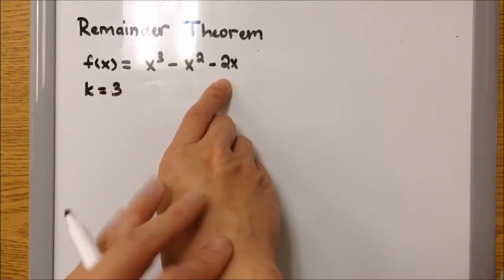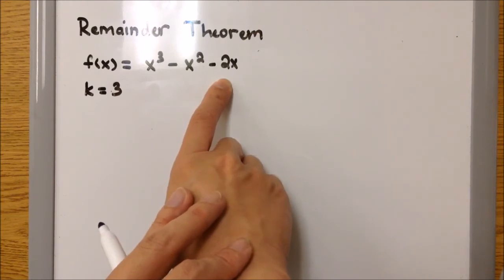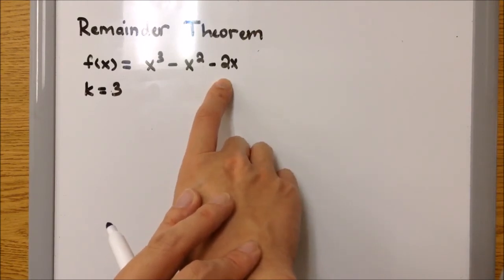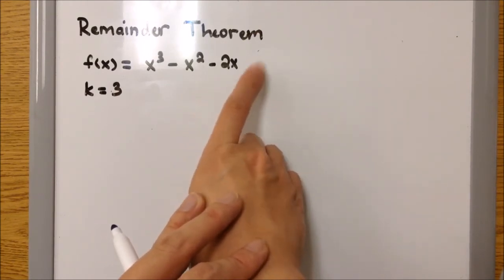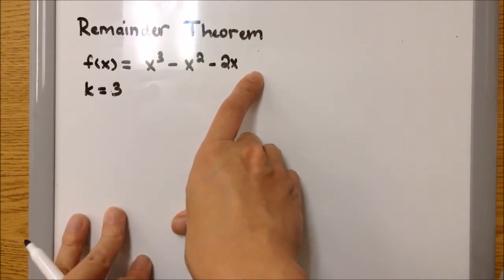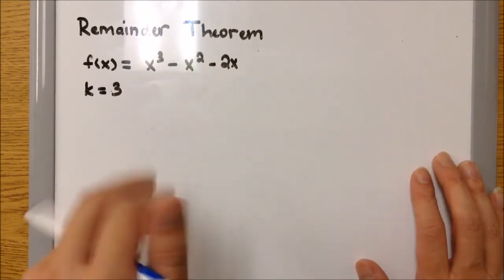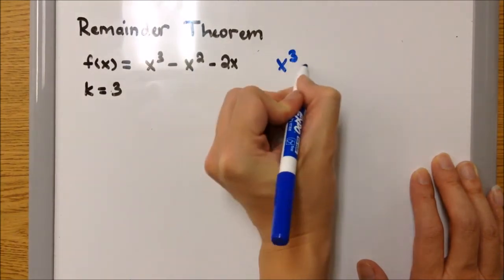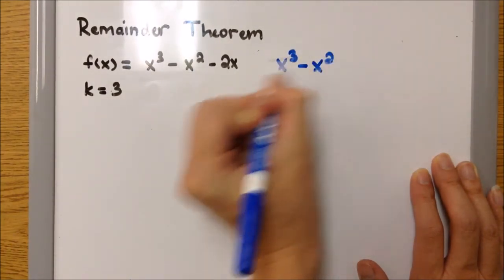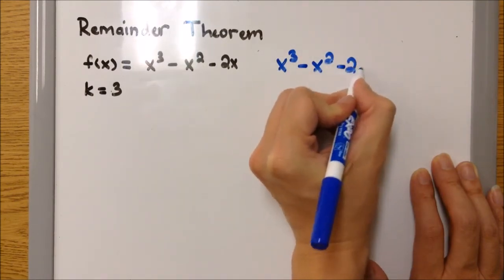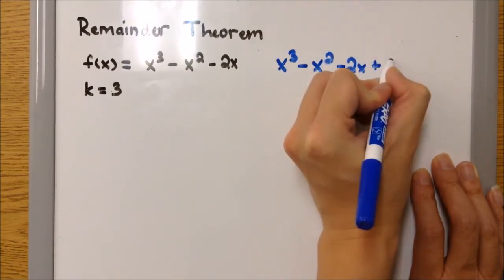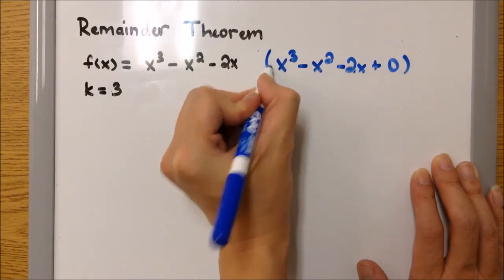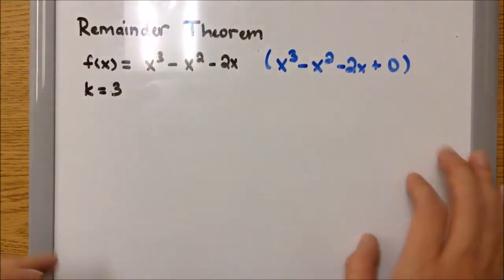We do have that, so we're good with the x's. But let's check. What comes after x should be a constant number. We don't have a constant number. So I'm going to rewrite it. So x to the third minus x squared minus 2x and plus 0. So we have all the x's and the constant. So we're good to go.